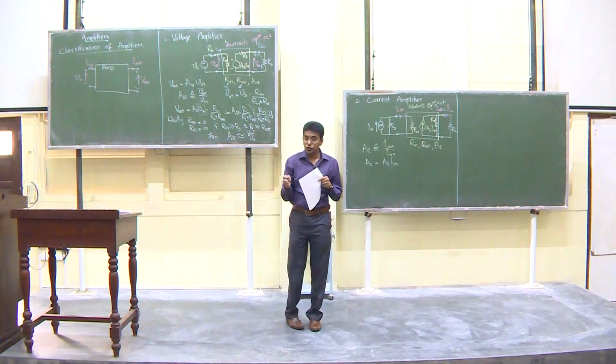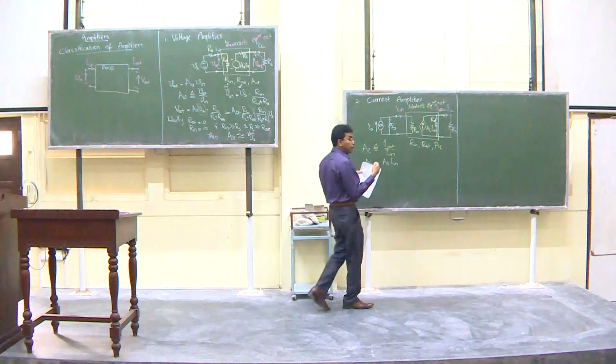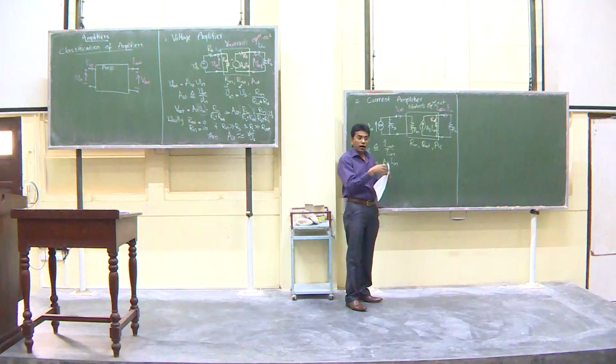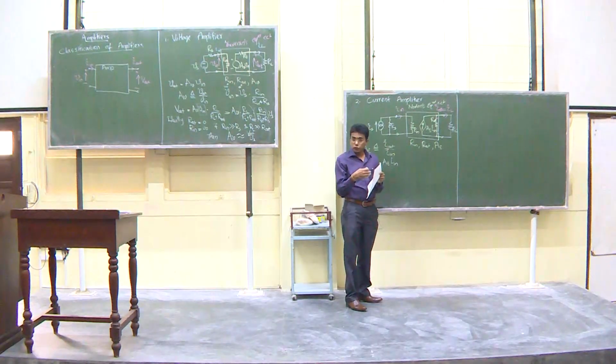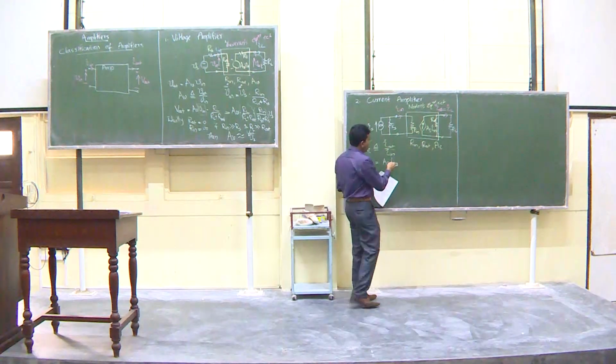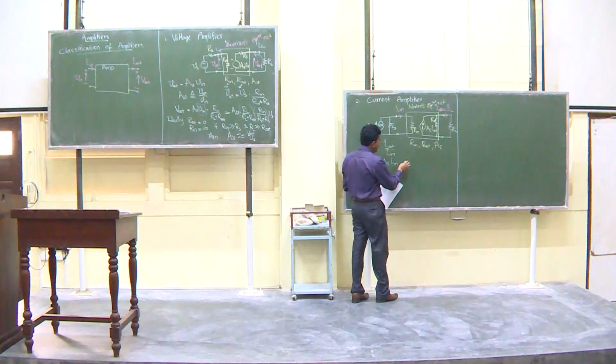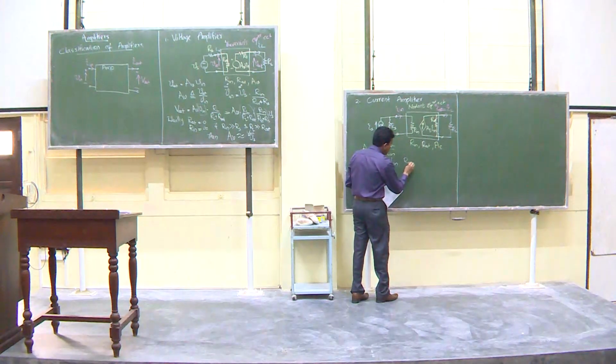This is a current ratio, right. So, therefore, the bigger one gets the lower current, the larger resistor gets a smaller current. So, in this case the ratio becomes R out over R out plus R L.